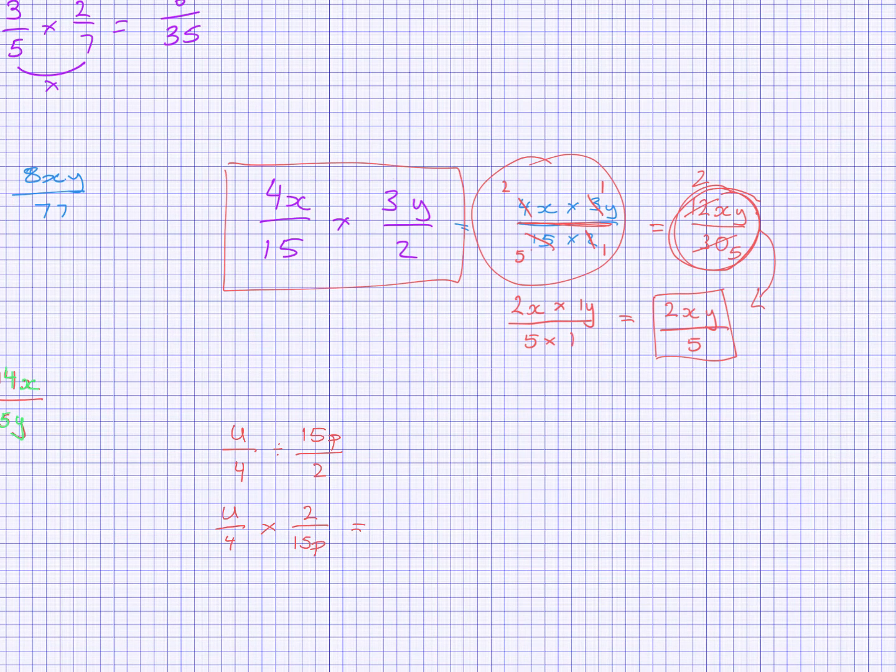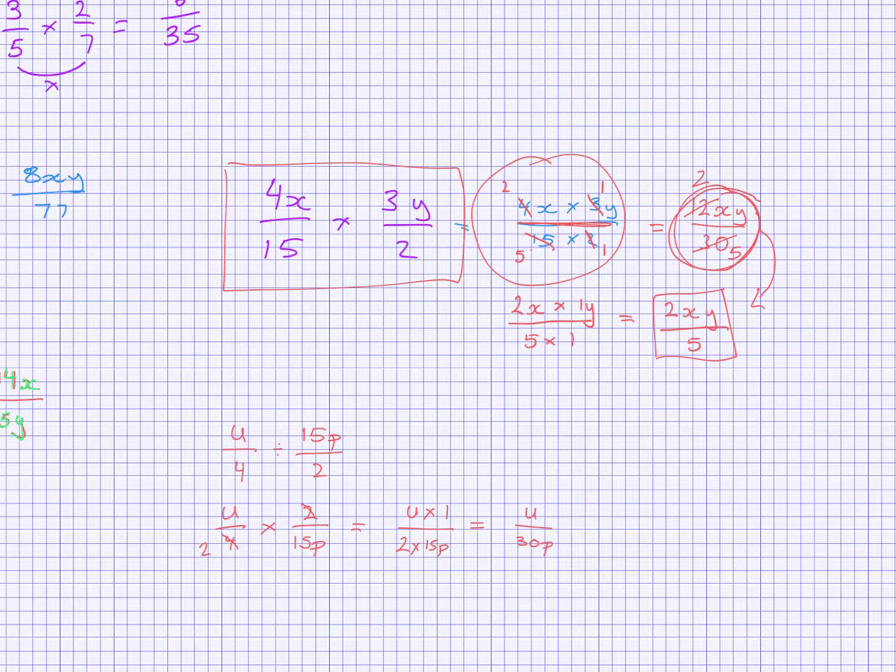Simplify if we can. 2 goes into 4 twice, so that gives me u times 1 over 2 times 15p, which gives me u over 30p. So you can see here that in algebraic fractions the letters are just staying in there.